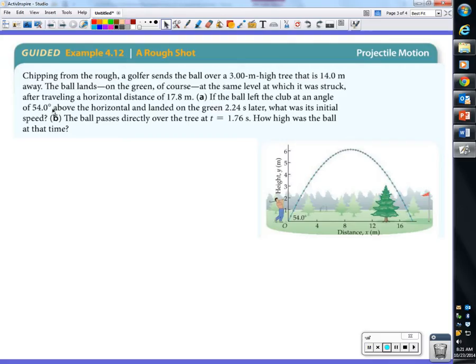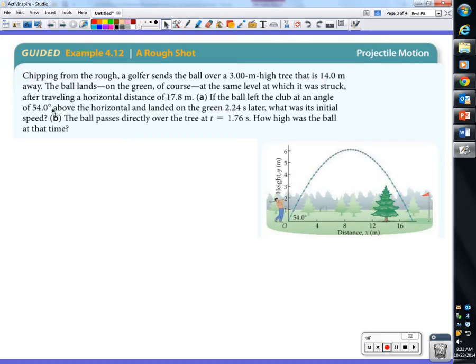The ball lands on the green, of course, at the same level at which it was struck, after traveling a horizontal distance of 17.8 meters.